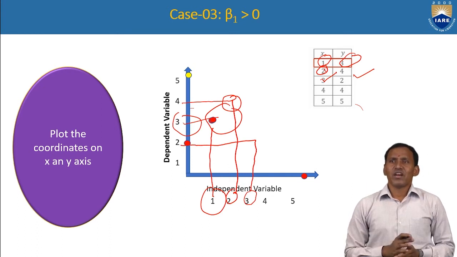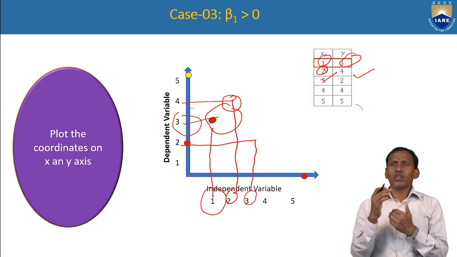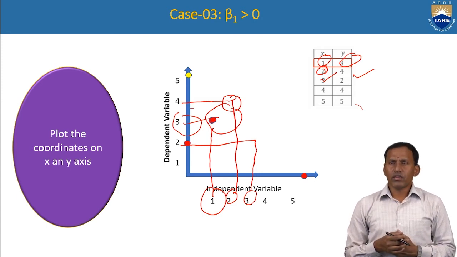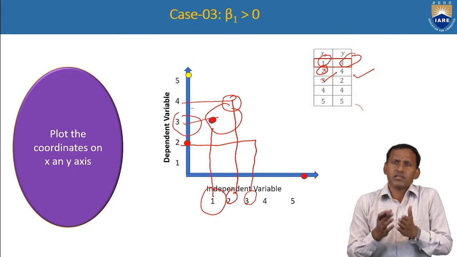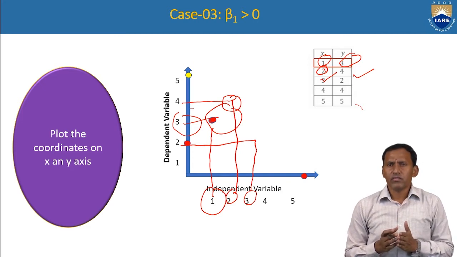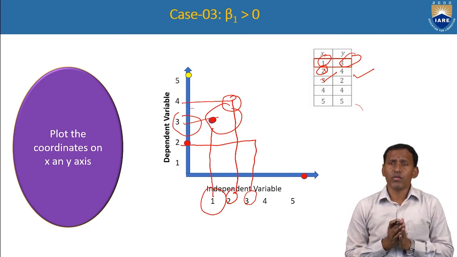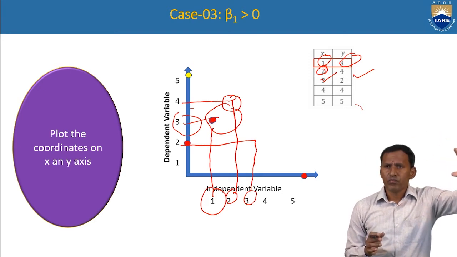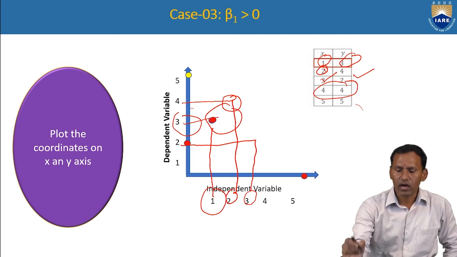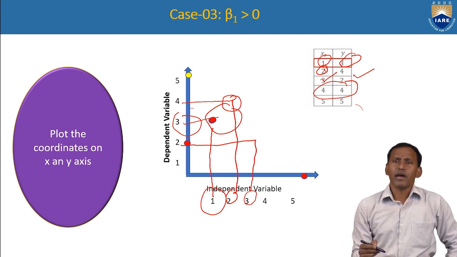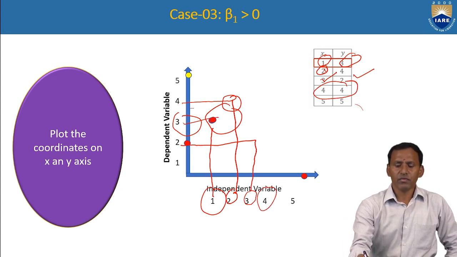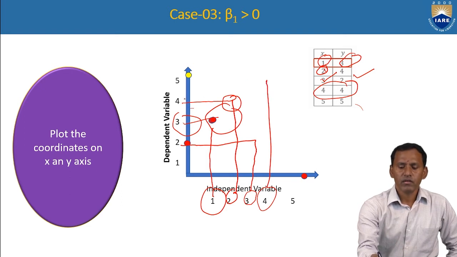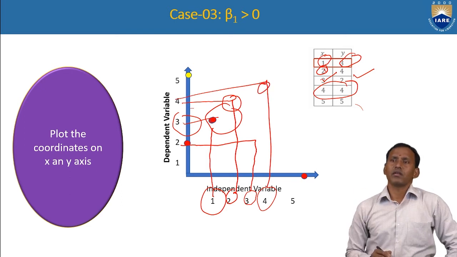And coming to the next data point on the x-axis, that means the independent variable, it is 4. And the value of the dependent variable is 4. So here the x value is 4 and the y value is also 4.